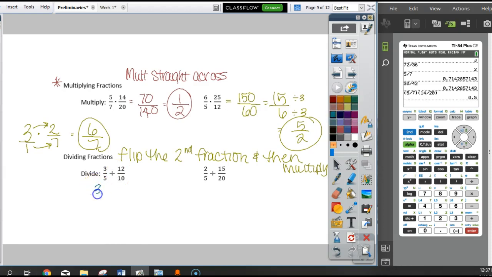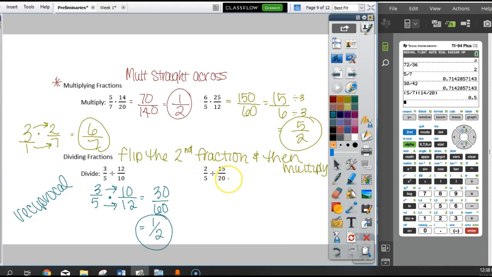And so I'm going to leave the 3/5 alone, flip, which is also called a reciprocal. So 10 over 12, and now it becomes a multiplication problem. 3 times 10 is 30, 5 times 12 is 60, which reduces to 1/2.